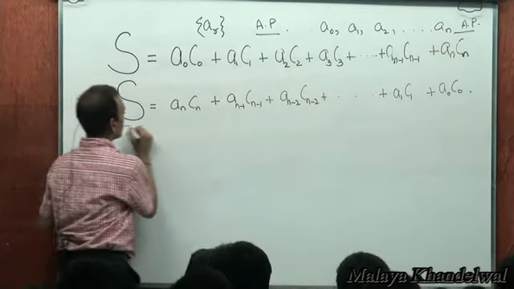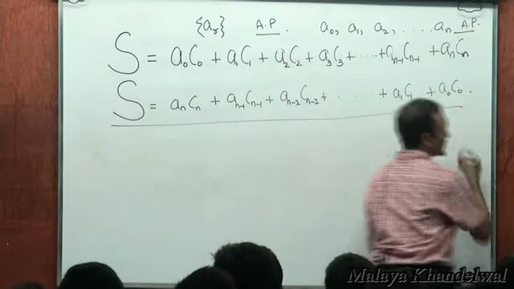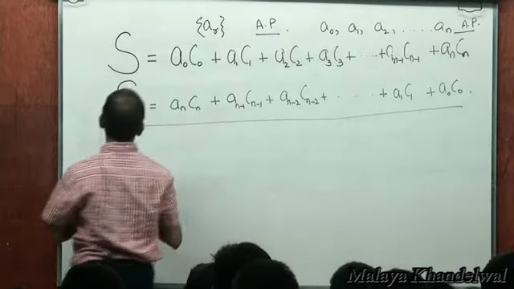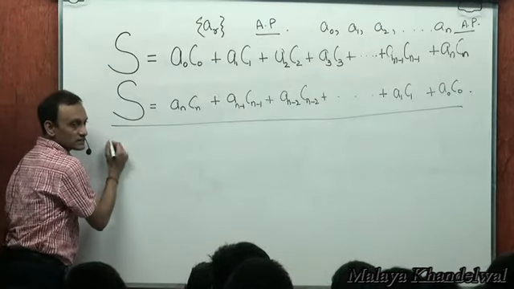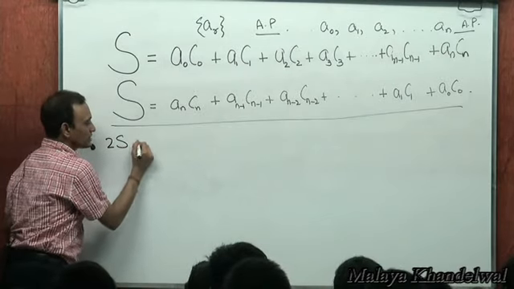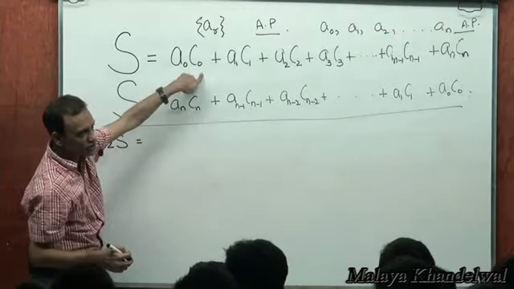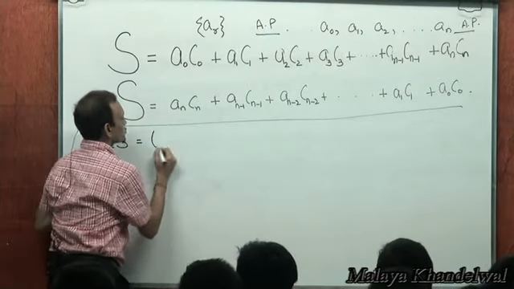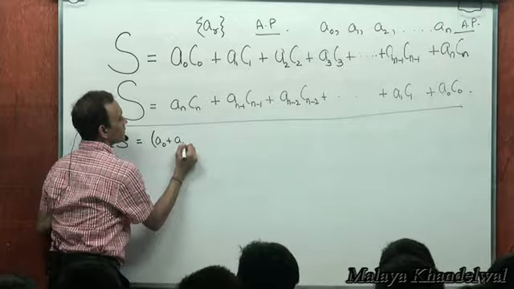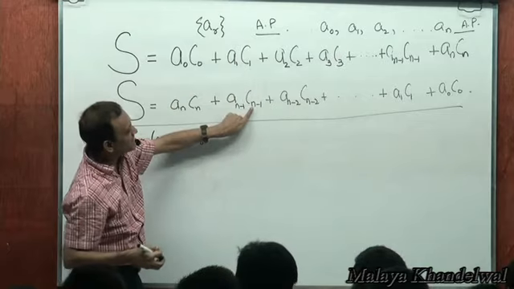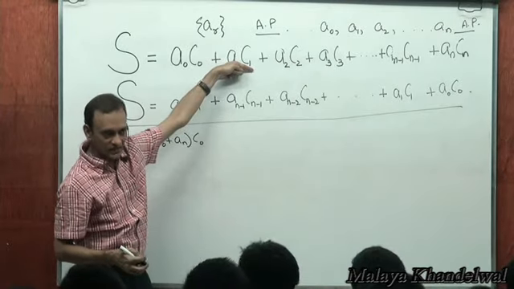And now I vertically add the two. So I get 2 times the required summation. Now C0 is the same as Cn, so I could take C0 common. So (A0 + An)C0. C1 is the same as C(n-1), so I could take C1 common.